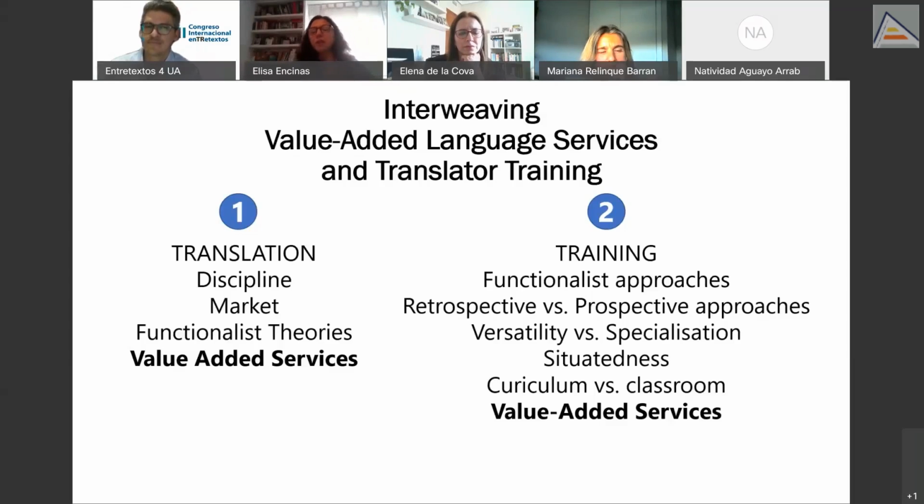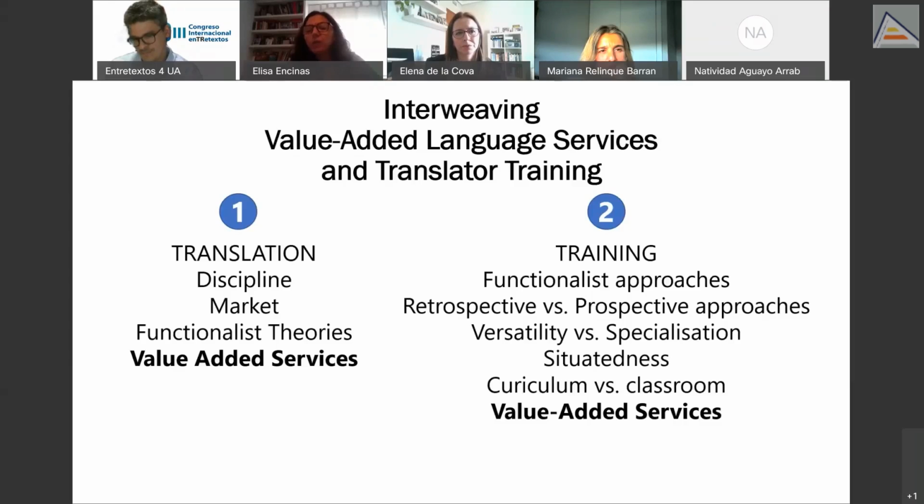He always said that when we plan training or education, we can do it from a retrospective or a prospective perspective. When we do it retrospectively, we aim to repeat what we already know. When we do it prospectively, we train students to be able to develop in the future, to respond to new needs, and to make the most of what they've learned.